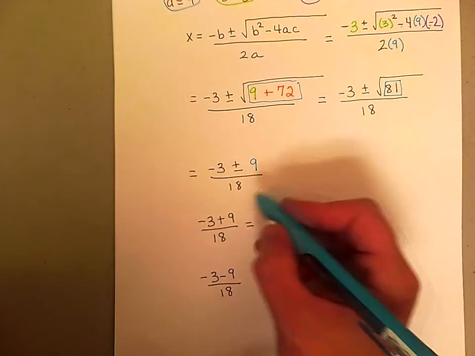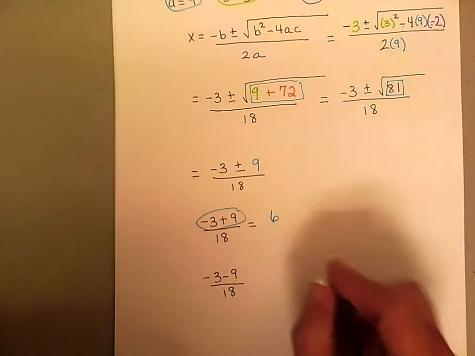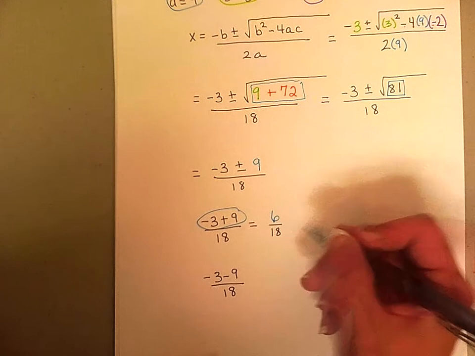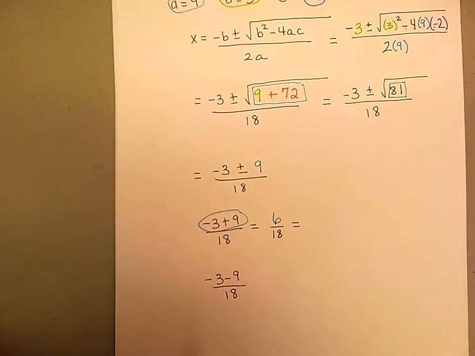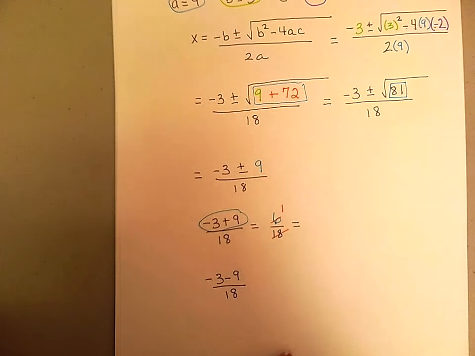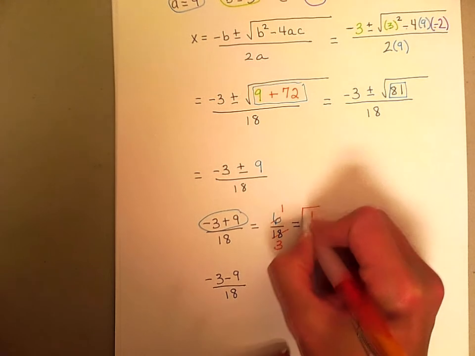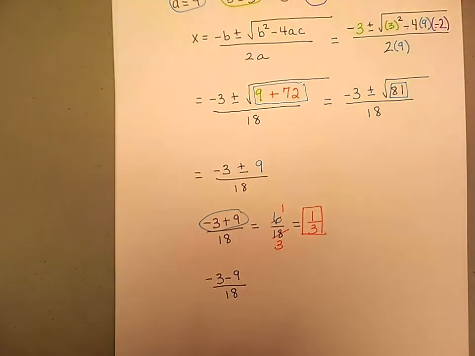Negative 3 plus 9, well, that's just 6 over 18. And this can be reduced. 6 goes into itself once and into 18 3 times. So our first solution is 1/3.